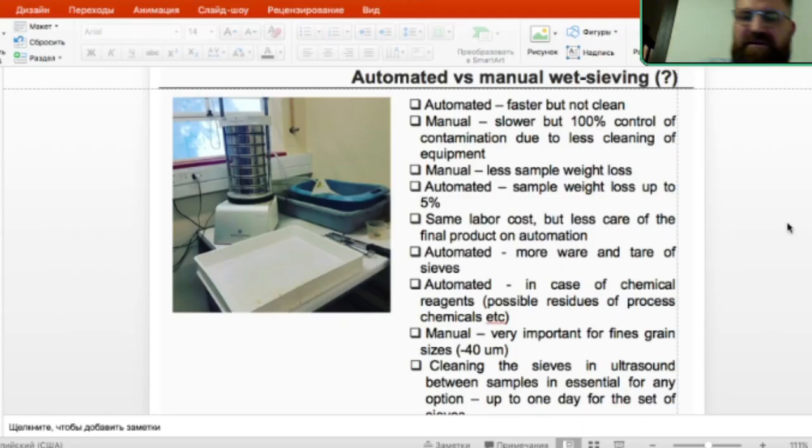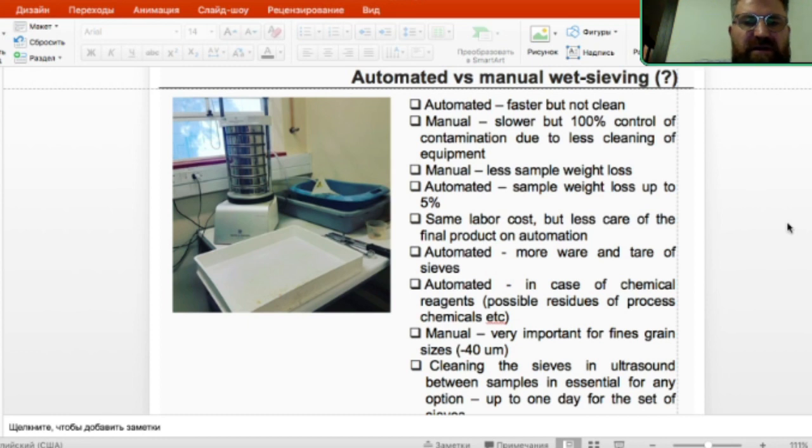First things first, yes, there are many labs that are using automated wet sieving and any sieving, but for our own research, we have skipped the automated sieving for different reasons. Let's see why. First of all, though automated wet sieving is faster, it's not clean.